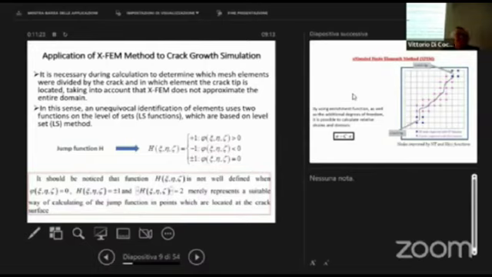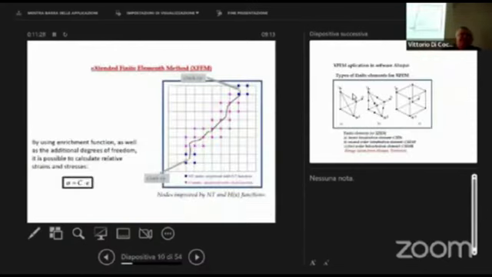So this is how we can do that in mathematical terms, and this illustrates well what I'm trying to point out. A crack is going through the mesh, and we have to treat these elements that are active in that process, but we are not adapting the mesh to the crack growth. And that was the most important improvement, and that is why we still use XFEM.